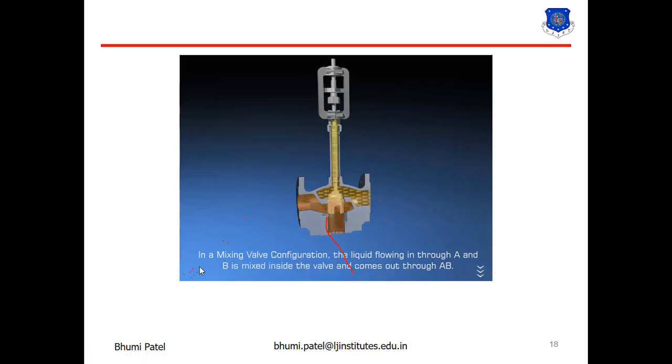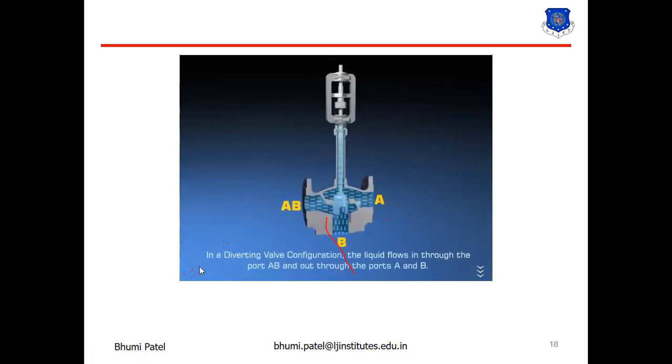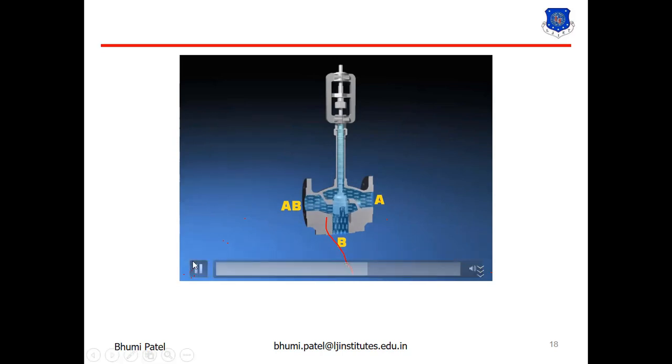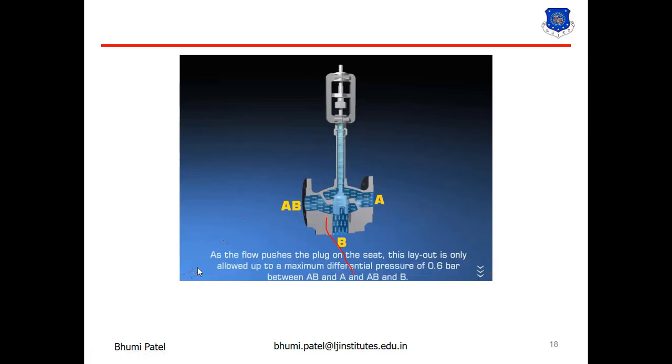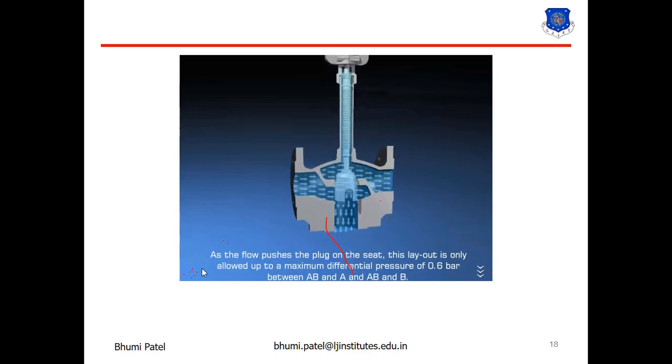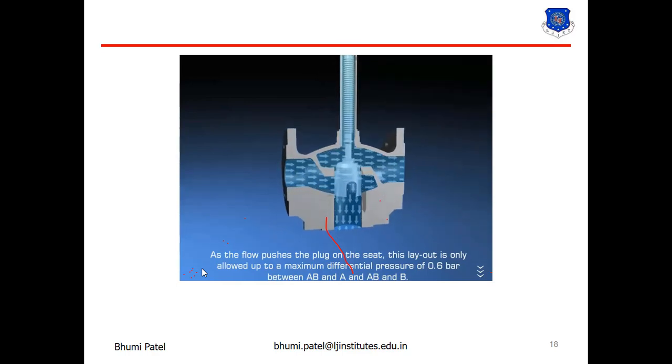So this is the mixing valve configuration. For the diverting valve configuration, the liquid flows through port AB and out, allowing up to a maximum differential pressure of 0.6 bar between AB and A, and AB and B. So this is the diverting three-way valve. We can divert the flow in the particular valve.